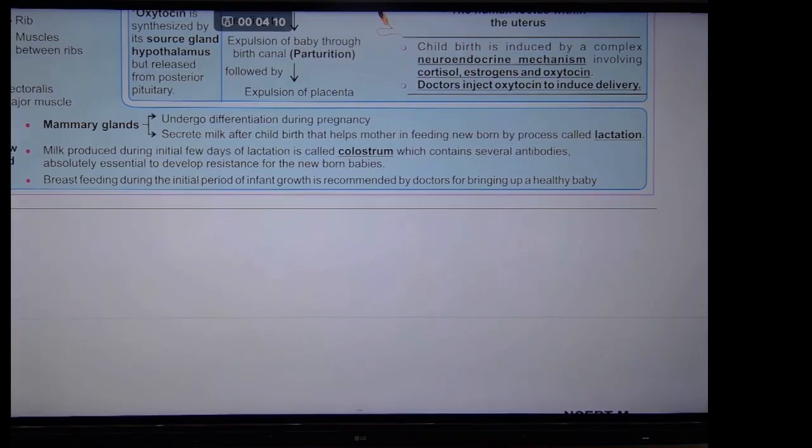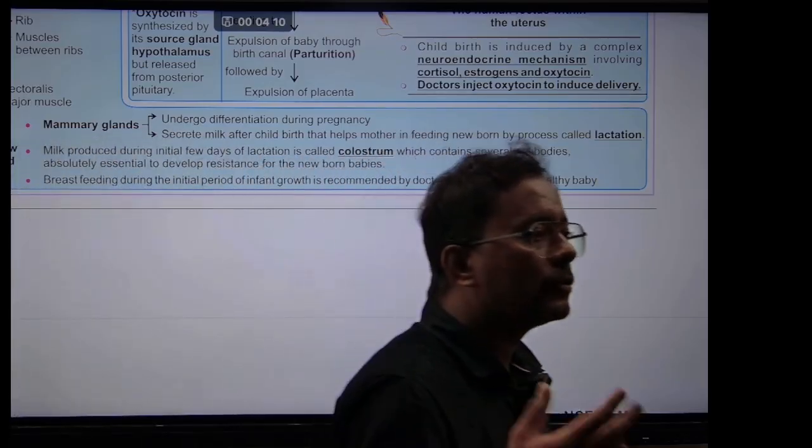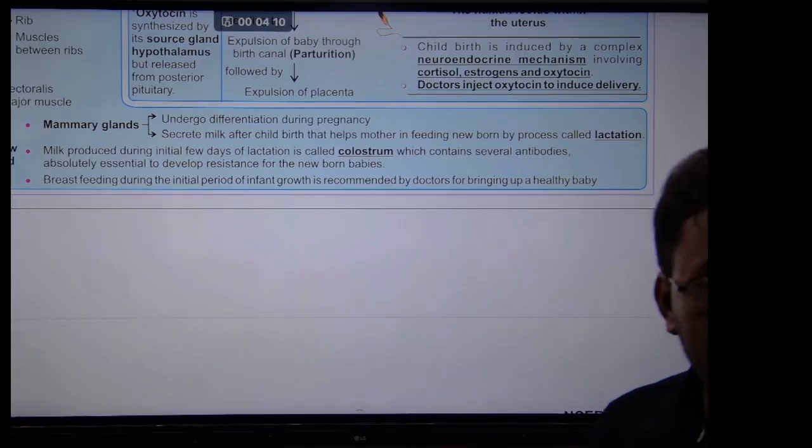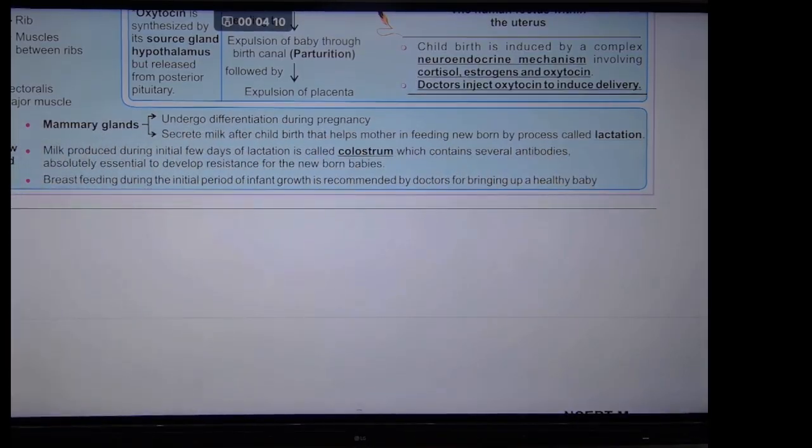What are those antibodies? IgA, which is absolutely essential to develop resistance for the newborn babies, because it takes time for the newborn baby to develop their full potential immune system. And breastfeeding during the initial period of infant growth is recommended by doctors for bringing up a healthy baby. This is called as the lactation.